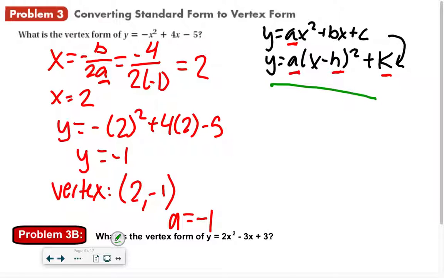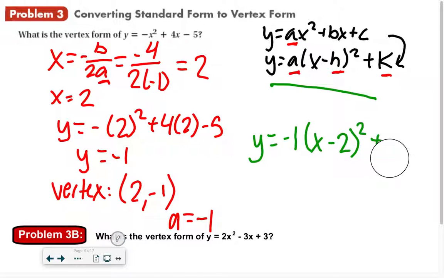Want it in this form, so we have y equals -1 times (x minus h, which is 2) squared. Oops, it's not plus, it's minus 1. You can do plus and -1, whatever. You don't need to have this -1 out front if you just want to put a negative out front, that's fine. Either way.